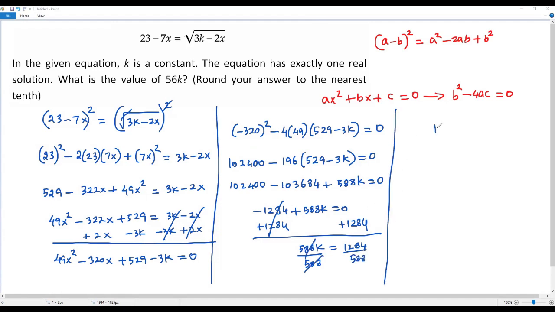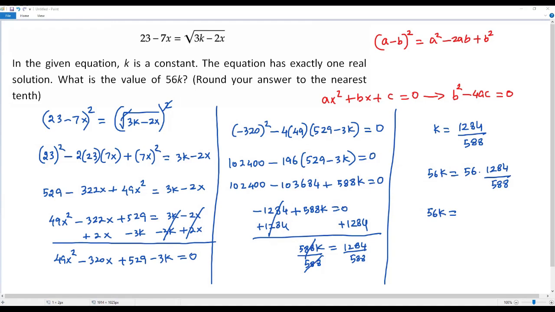I am getting k equals 1284 divided by 588. My aim is to get the value of 56k. Now we can multiply both sides of this equation by 56. That is 56 times k equals 56 times 1284 divided by 588. We write 56k on the left side.